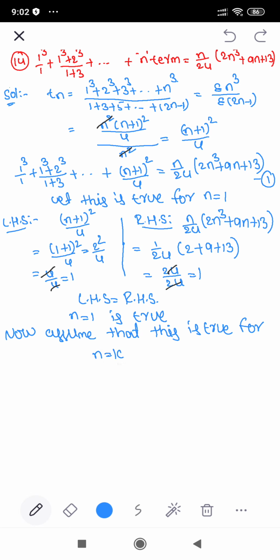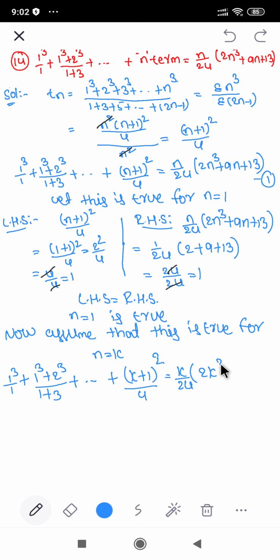Replace n as k in equation 1: 1 cube by 1 plus 1 cube plus 2 cube by 1 plus 3 plus, and so on, plus k plus 1 whole square by 4 is equal to k by 24 into 2k cube plus 9k plus 13. This goes to equation number 2.